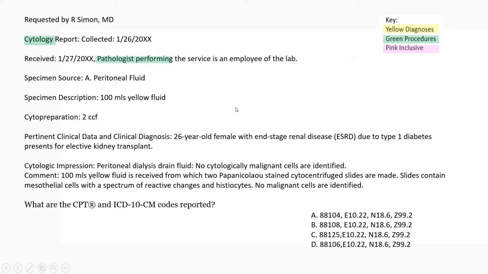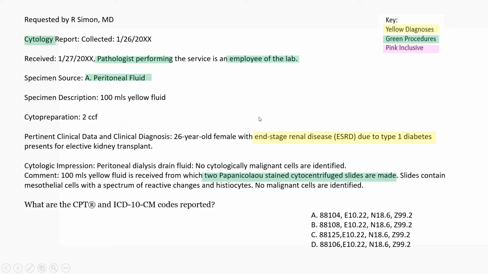The cytology is a procedure which is performed by the pathologist, who is an employee of the lab, and the specimen is collected from the peritoneal fluid. The patient has end-stage renal disease, ESRD, due to type 1 diabetes mellitus.